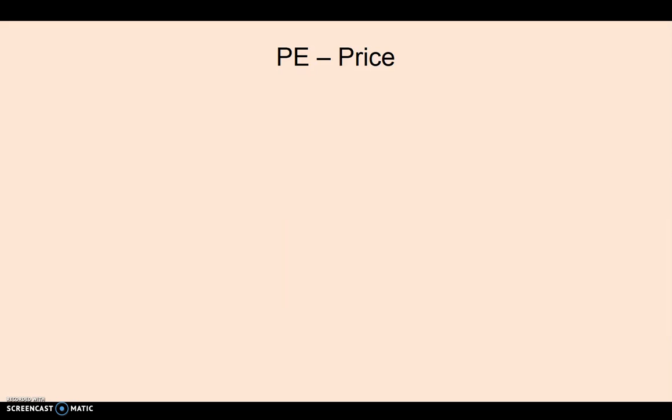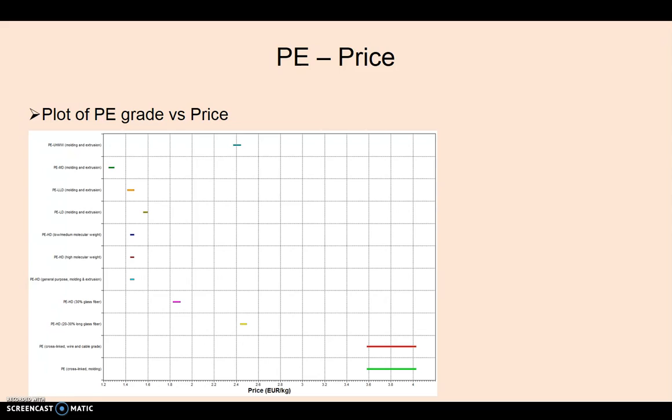Now, another very important characteristic is going to be price. So, how do these grades of polyethylene differ in price? Again, by using the database, we can do a plot of polyethylene grade versus price, and again I have that color coded below.